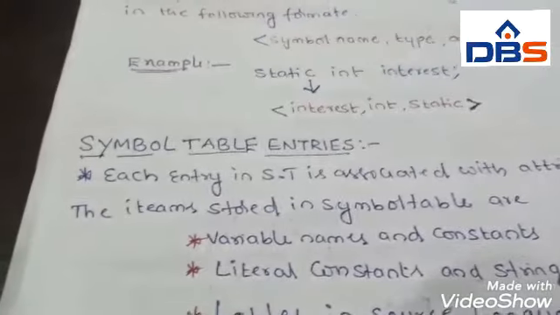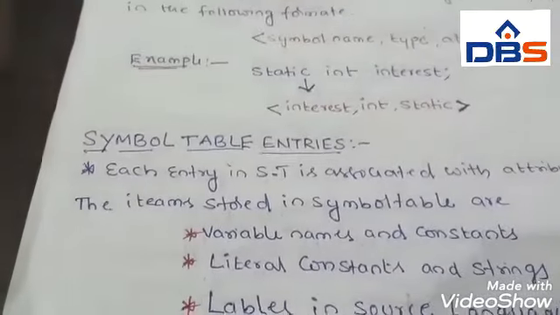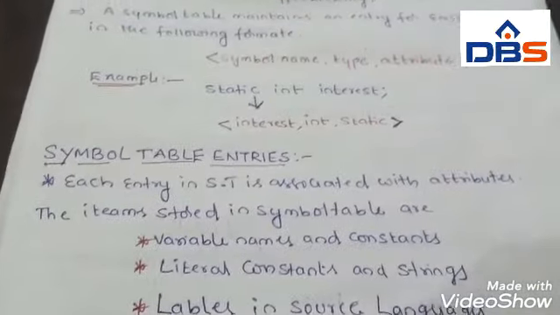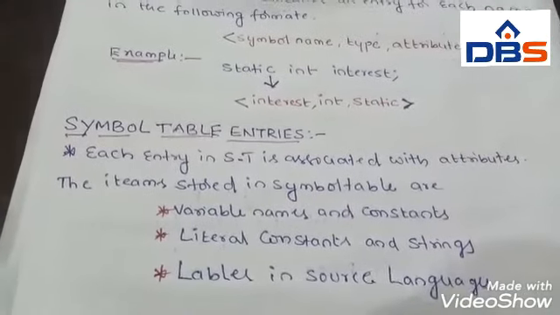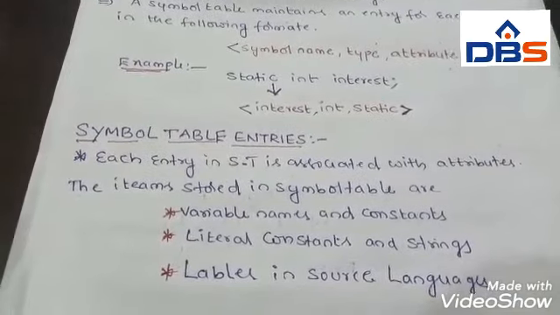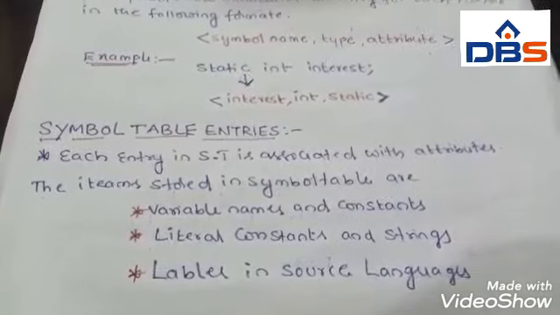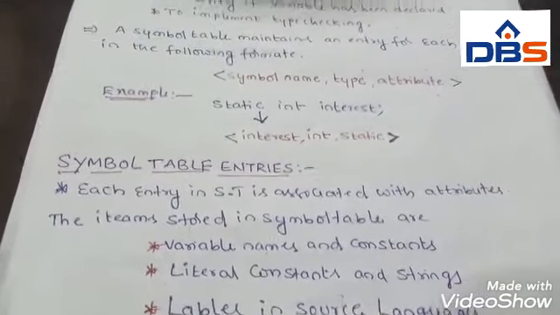Next, coming to the symbol table entries. Each entry in the symbol table is associated with attributes that support the compiler in different phases. Coming to the items stored in the symbol table, what are the various items?